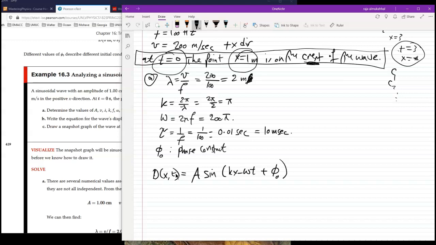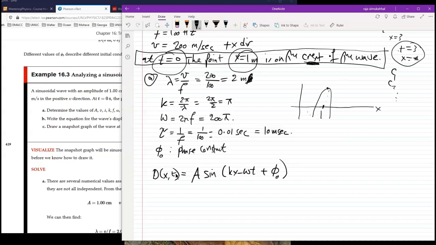This is important to picture. So in other words, at x equals 1, here's the wave. I'm not going to draw the whole thing. That will be for part C. So at t equals 0, here is the crest of the wave, something like that, somewhere. This is the x-axis. This is 1.